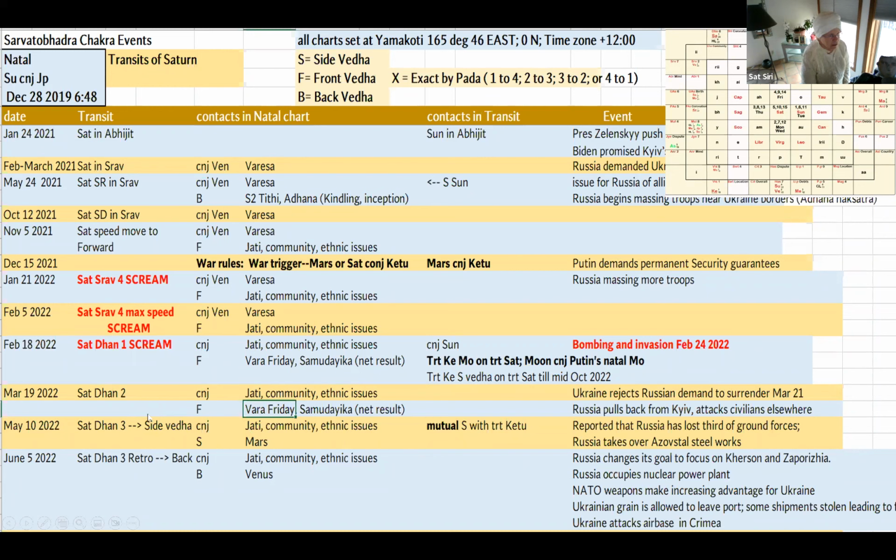And meanwhile, there was a mutual side Veda going on that we saw already between Ketu and Saturn, both putting their side Veda on each other. I mean, that became strong there. So that was when Russia took over the steel plant and destroyed Mariupol, and a lot of things happened.